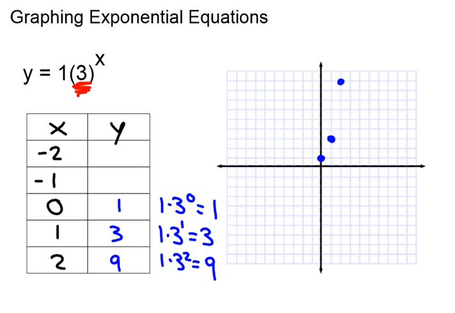So let's look at negative 1. So 1 times 3 to the negative 1. So this is a negative exponent. Sometimes people have trouble with these, but a negative exponent just means a reciprocal. It just means I'm on the top, but I should be on the bottom. So 1 times 3 to the negative 1 means 1 times 1 over 3 to the 1.